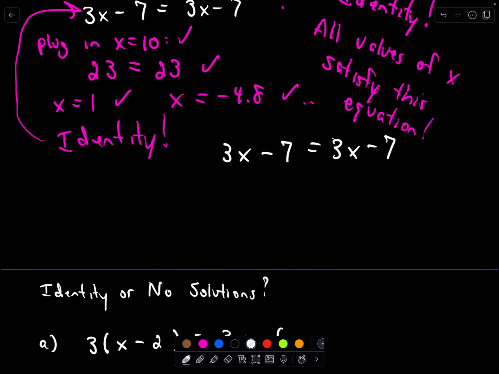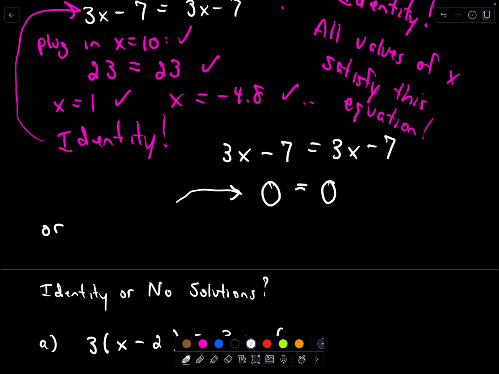If I subtract 3x from both sides, I'm going to get 0x on the left side, or I could simply write that as 0. 0x is the same as 0. And notice if I add 7 to both sides, I would get 0 equals 0. So when you get these kind of statements, when you get some number equals itself, eventually it will come out to 0 equals 0.